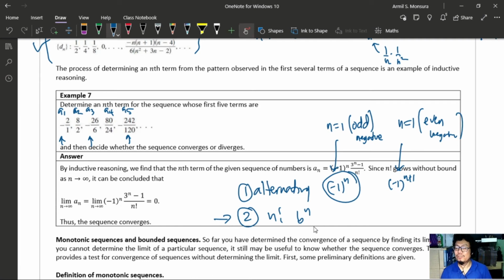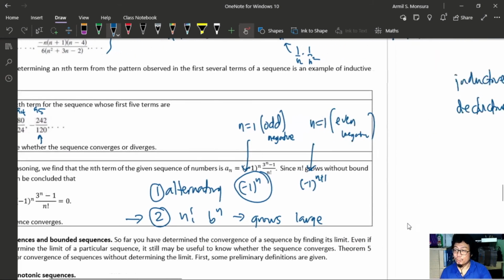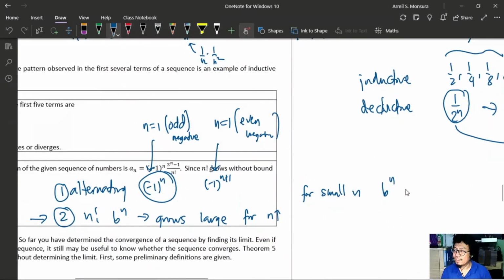So again, the two numbers, n factorial and b raised to n, grow large for increasing n. For small values of n, b raised to n tends to be larger than n factorial.